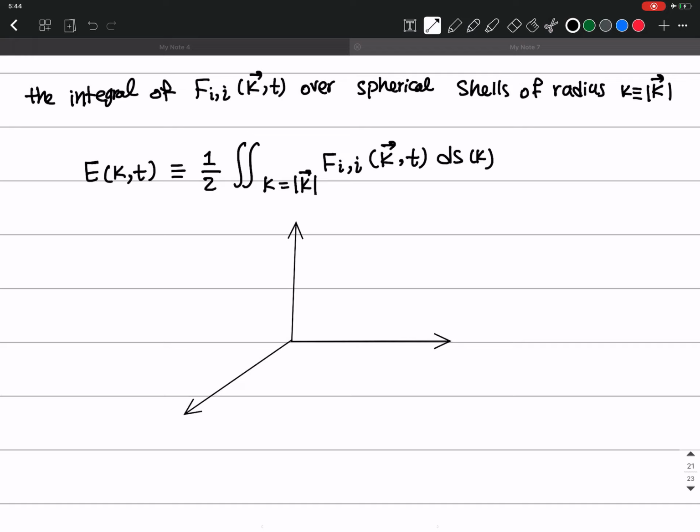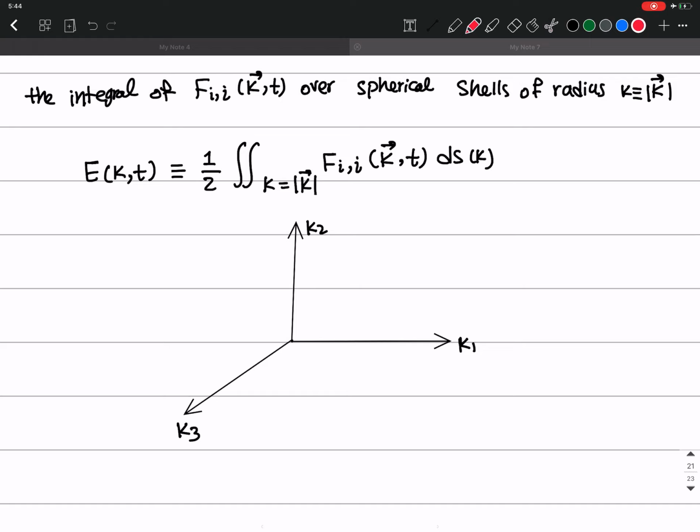So we have k1, k2, and k3. We are going to integrate over spherical shells of radius k equals the absolute value of the k vector.